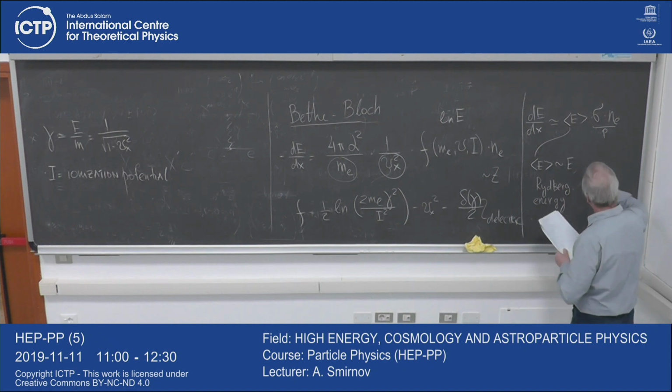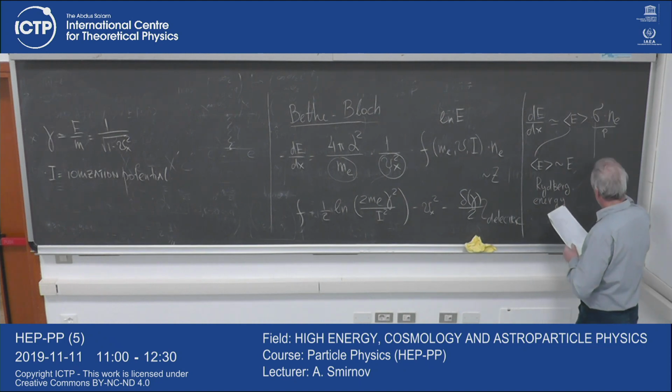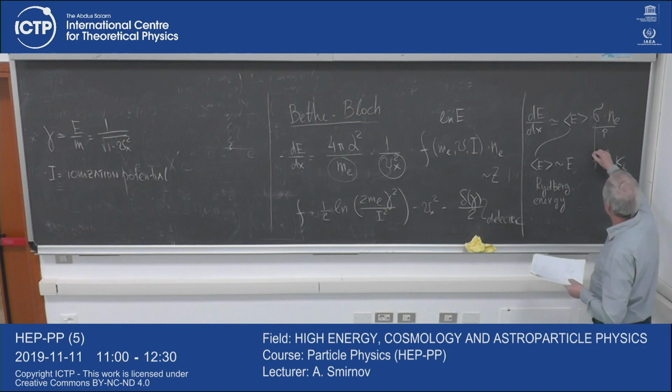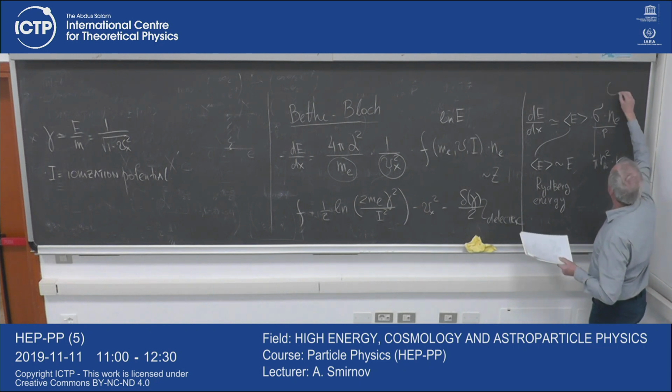Now, cross-section is given by pi, then Bohr radius squared multiplied by opacity.